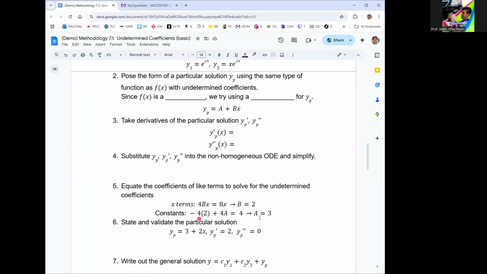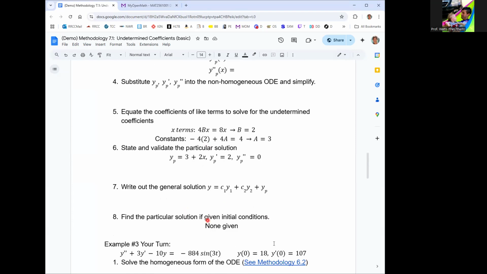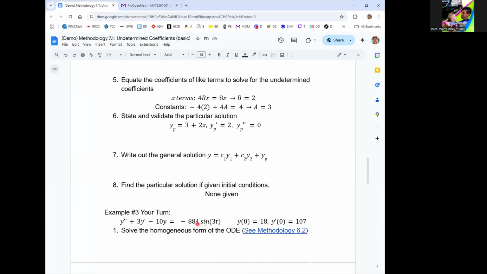So the constant terms get all set up equal to each other, and then the x or linear terms get set equal to each other. So we have 2 equations, 2 unknowns. We can find A and B that way. Right. And then with your turn, we got a sine function for the forcing function. And so remember how we set up the particular solution there. We talked about that in the overview video.